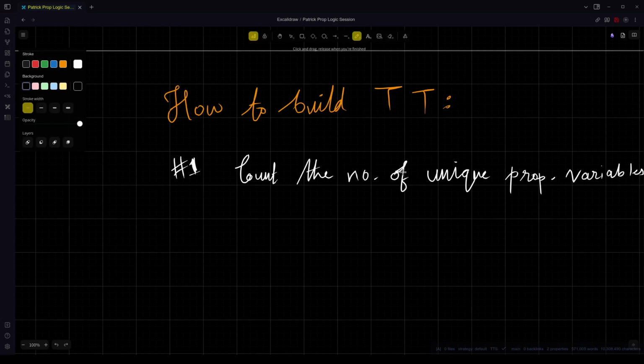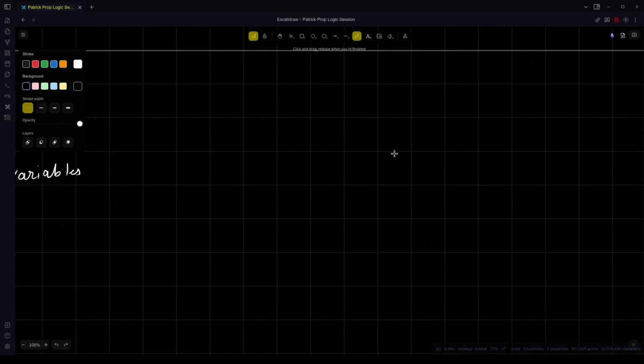So let's see what that looks like. For example, we take a proposition P, Q and R. How many unique propositional variables do you see here? I see 3.